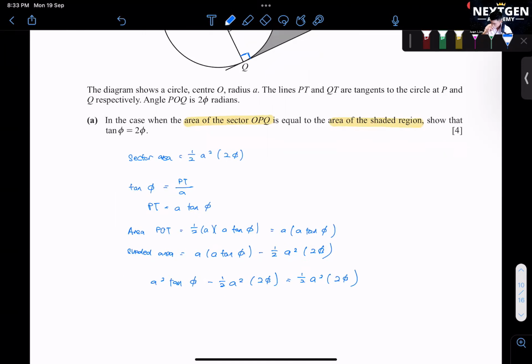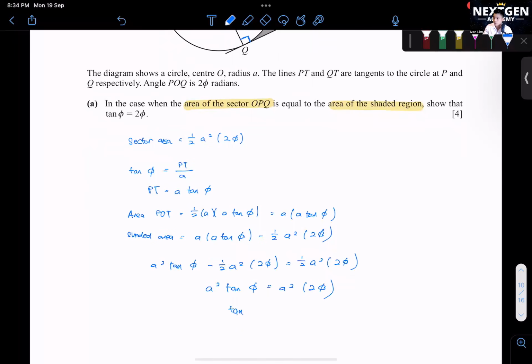Then A squared tan phi equals A squared 2 phi. Tan phi equals 2 phi. Easy, this one. All right, next one.